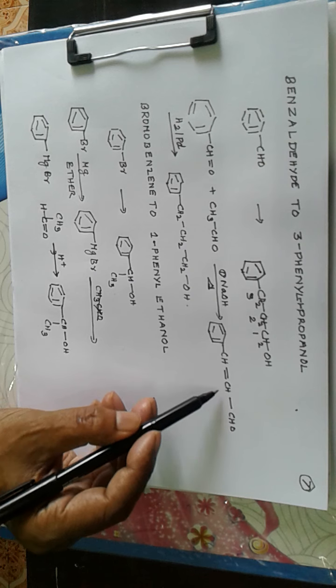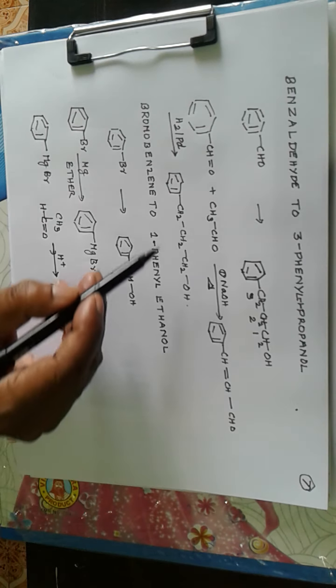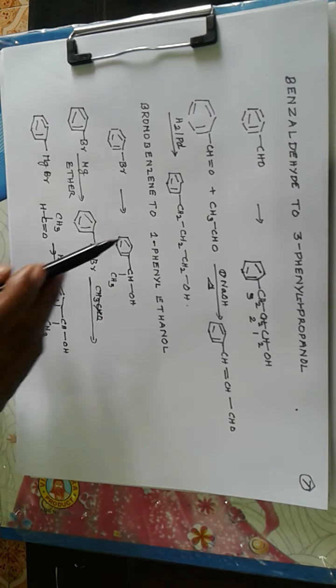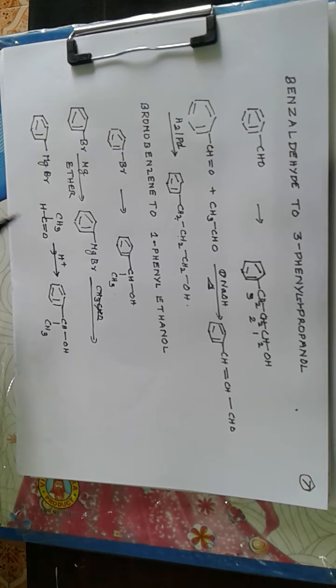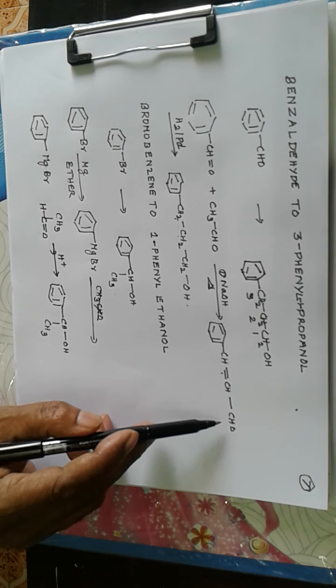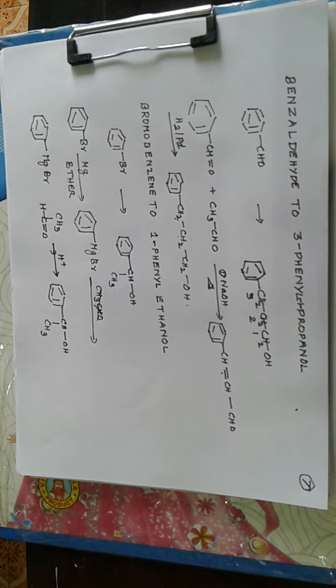This double bond will be reduced, the CHO will be reduced to CH2OH, and CH2 single bond CH2. So double bond reduction, CHO reduction using hydrogen and palladium.